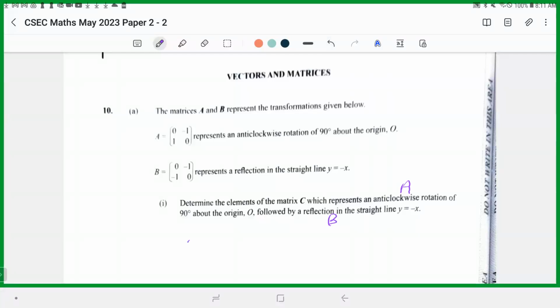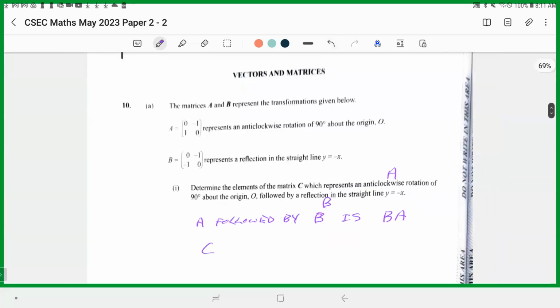So the question is really A followed by B. And A followed by B is B times the second one times the first one. That's how we get that matrix. So C that I want is equal to BA. So multiplying this one times this one.